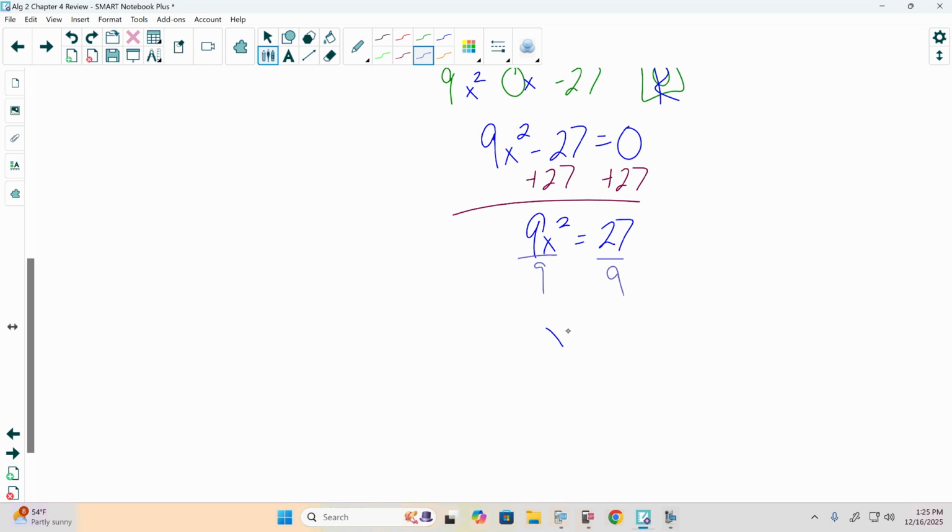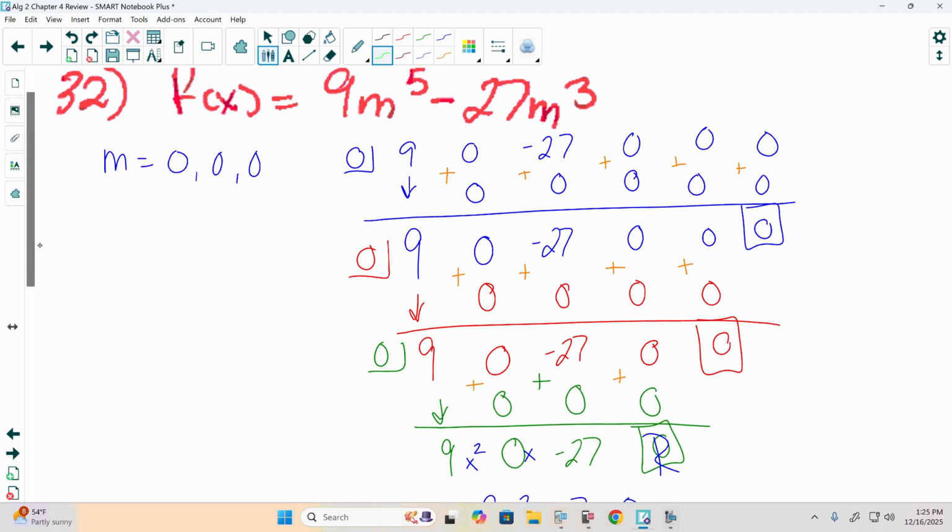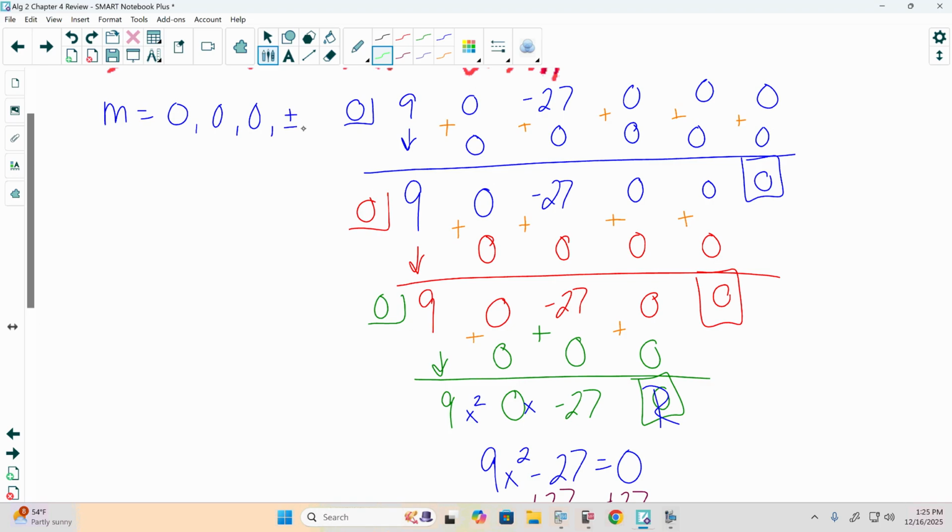Divide both sides by 9, telling me x squared is equal to 3. And lastly, square root both sides, telling me x is equal to plus or minus the square root of 3. So our solutions for this are 0, 0, 0, positive square root of 3, and negative square root of 3. So we do have 5 solutions. It just works out that 0 is a solution 3 times.